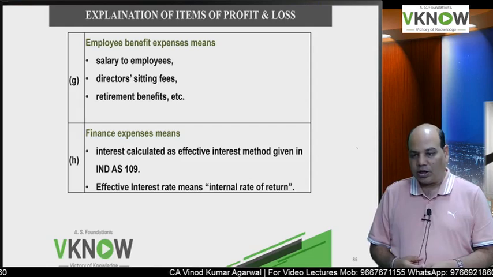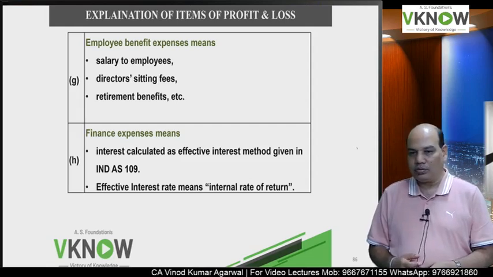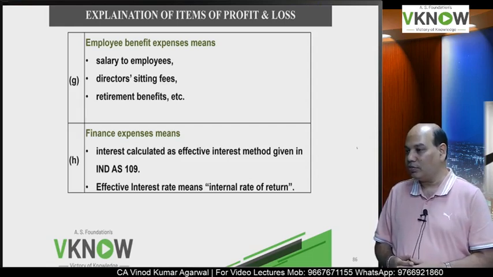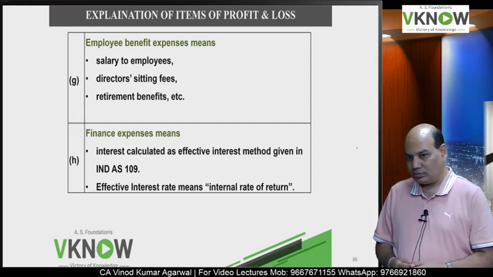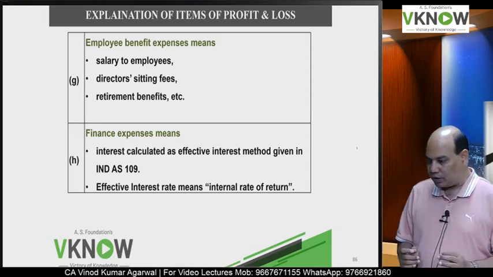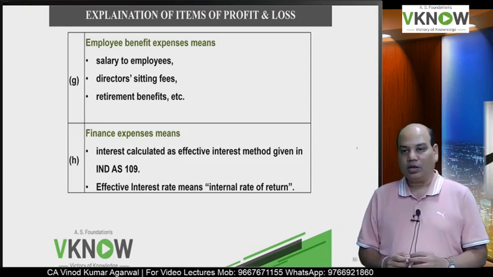Okay. Then under financial expense, we will have interest calculated using the effective interest method, which we are going to discuss in Ind AS 109. Effective interest method means IRR.